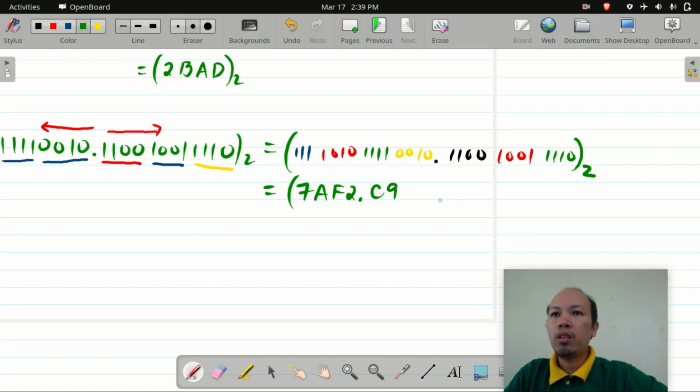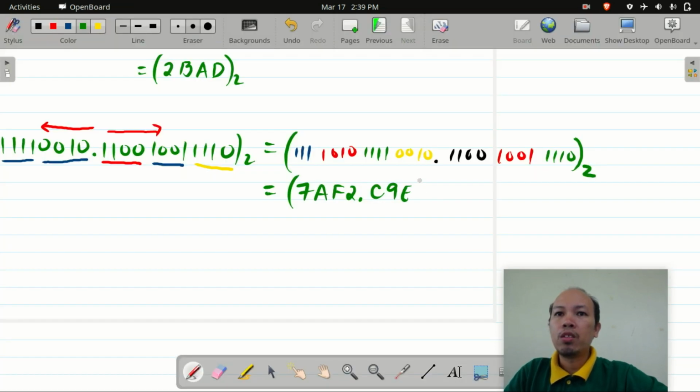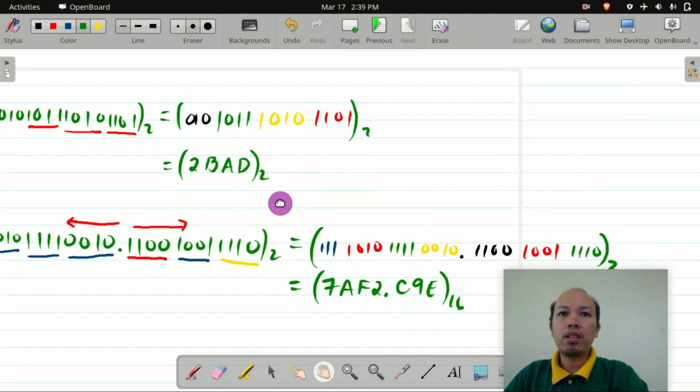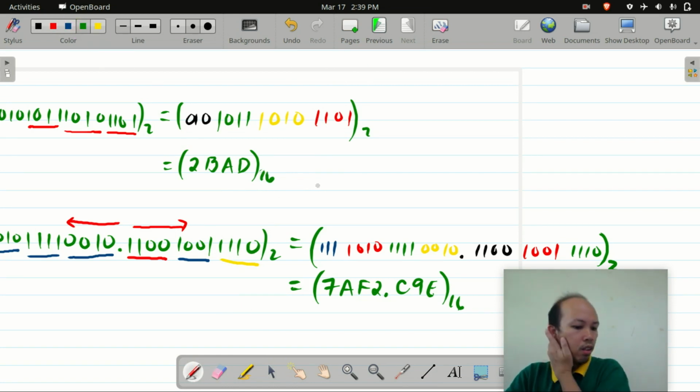And then 1110 is E. So this is in base 16. I'm sorry, I made a mistake here. This is base 16. Okay, so I guess we are done.